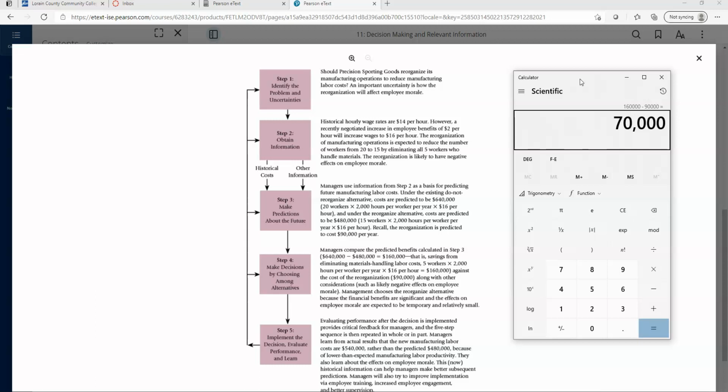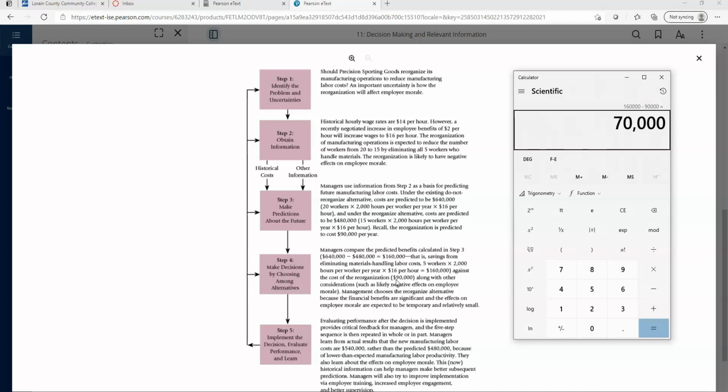So, step 4, managers will compare the predicted benefits calculated in step 3. And then they get that savings of $70,000. They get the $160,000 difference in labor costs between both alternatives. And they also account for that $90,000 of additional costs to reorganize.